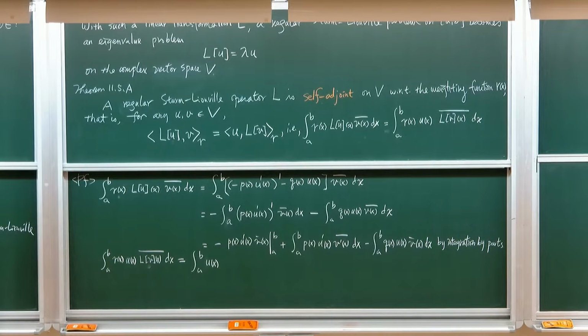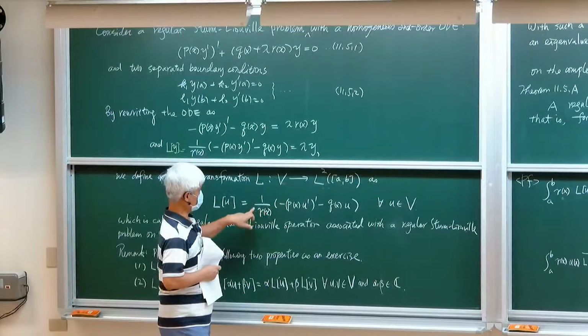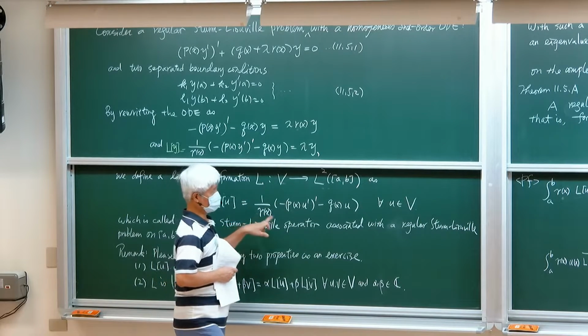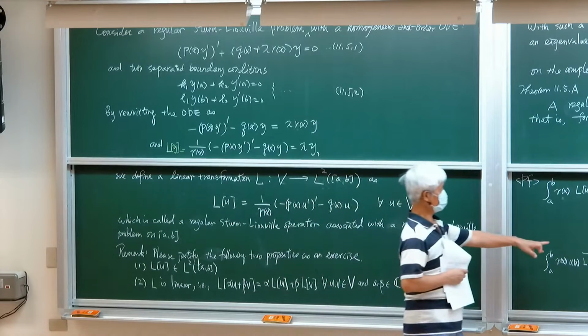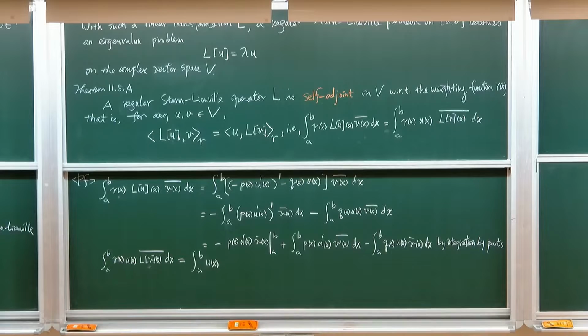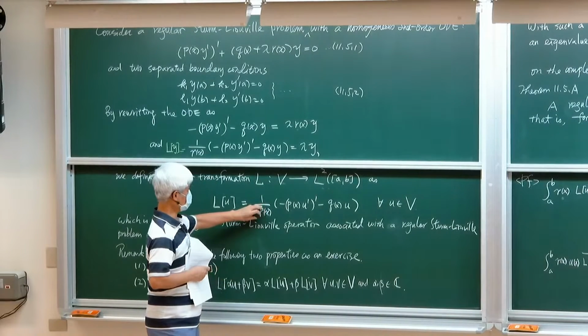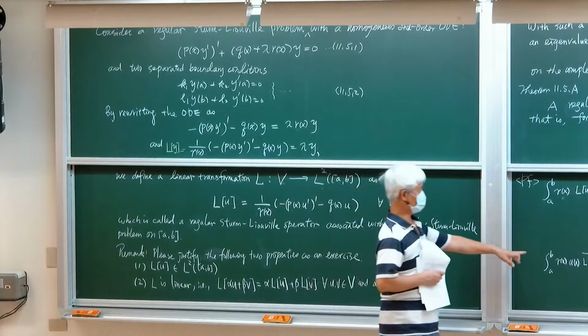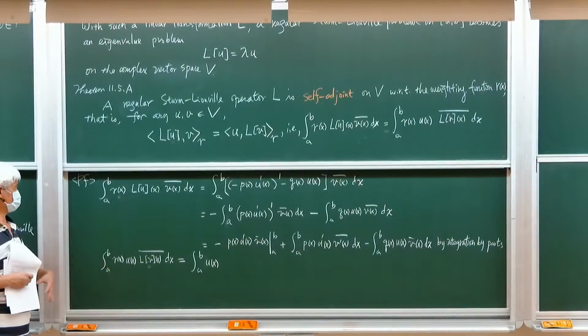We still have this term in the denominator, and r is positive, so it's real. So under the conjugate sign it will not change, because it's real. So the denominator can be cancelled with the weighting function of x.